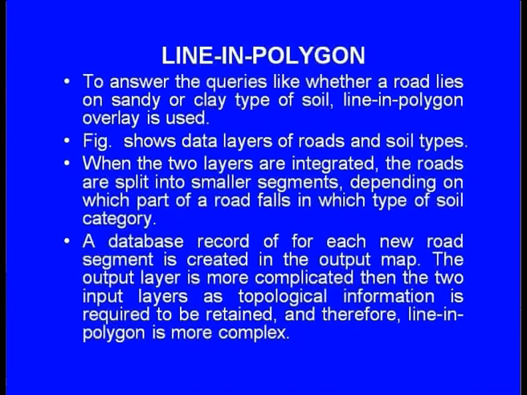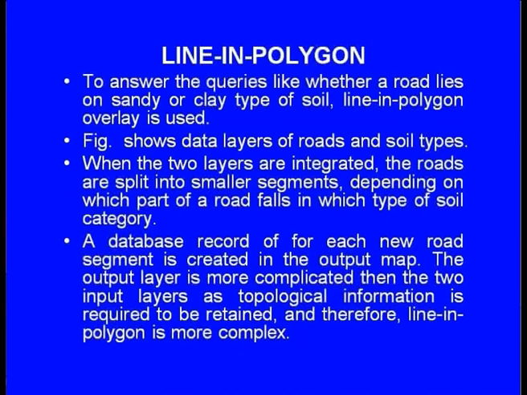The next type is line in polygon. To answer queries such as whether a road lies on sandy or clay type of soil, line in polygon overlay is used. The figure shown in the next slide shows data layers of roads and soil types. When the two layers are integrated, the roads are split into smaller segments, depending on which part of a road falls in which type of soil category.